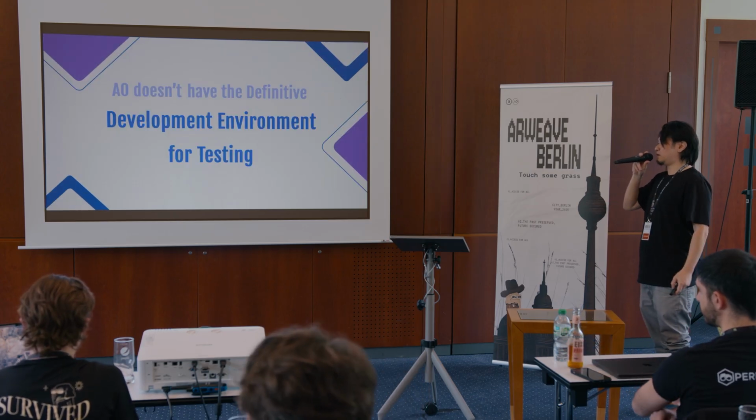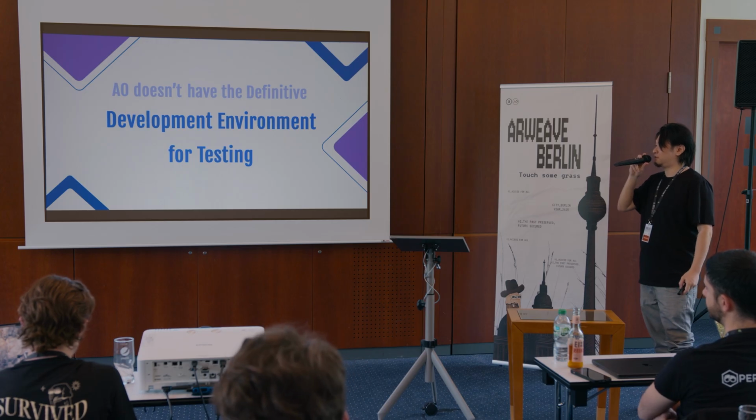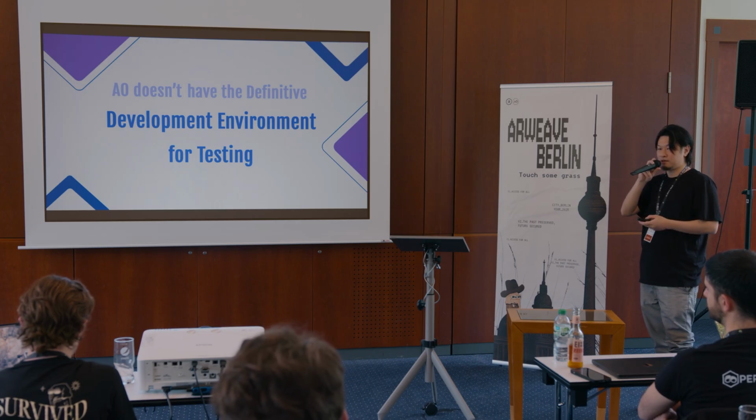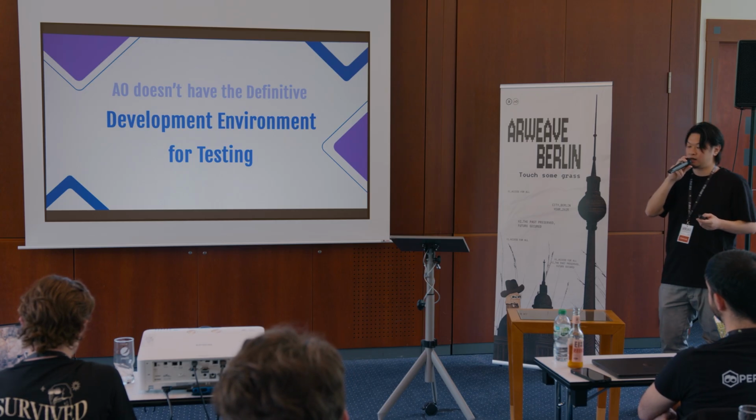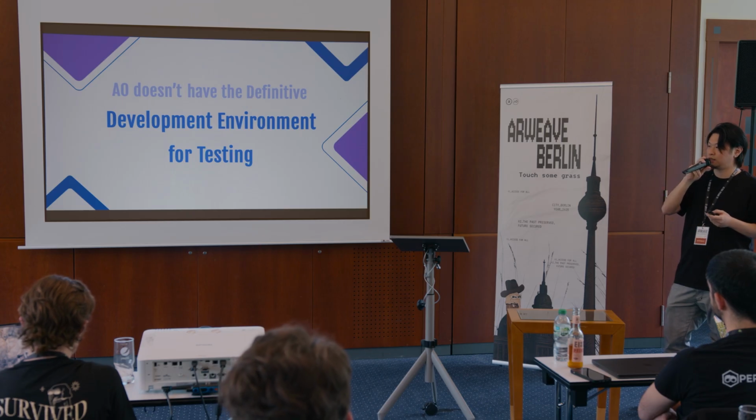So AO actually doesn't have a definitive development environment for testing. And most developers right now are testing everything against the AO legacy net and Arweave mainnet. But this is not the ideal way to do testing for a largely scalable system.